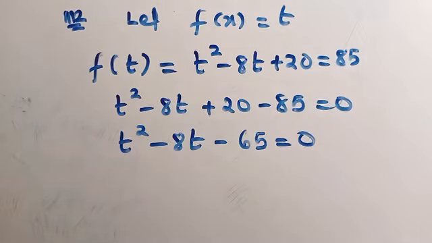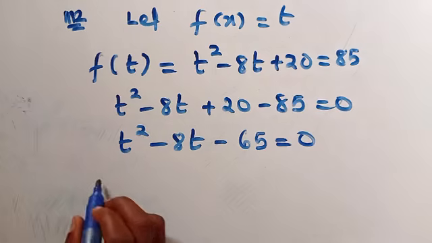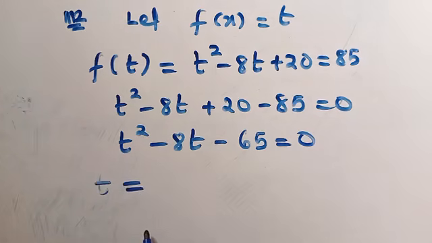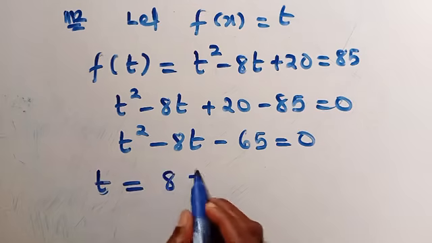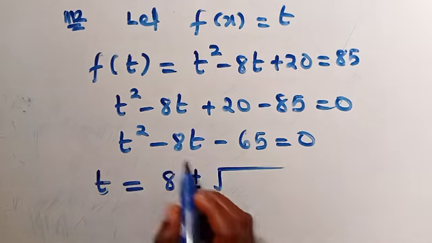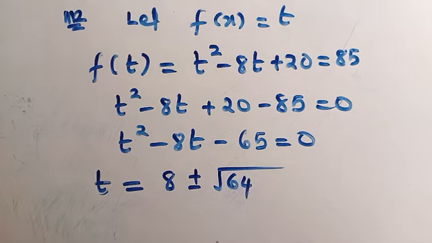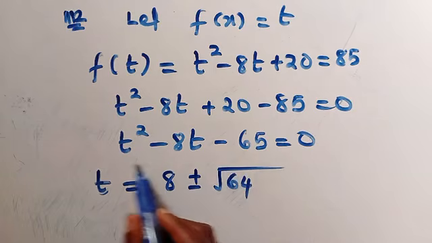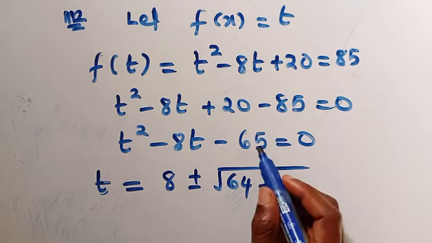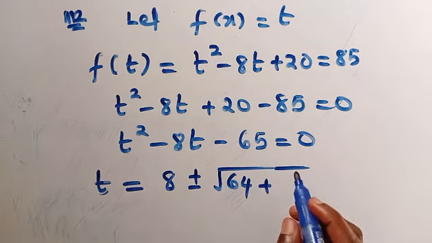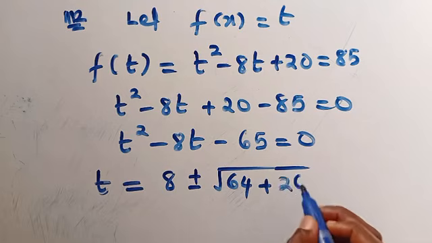So when we solve this one quadratically, we are going to have t equals plus 8, then plus or minus square root of 8 squared, that is 64. Therefore minus 4ac, that is 4 times 1 times minus 65, that gives us plus 4 multiplied by 65, and that gives us 260.